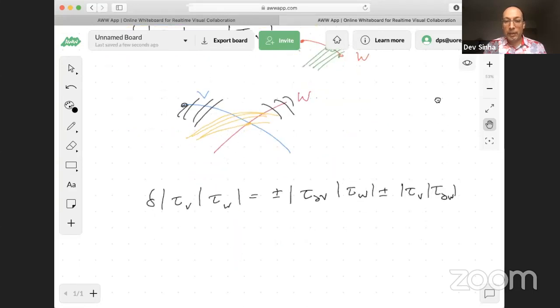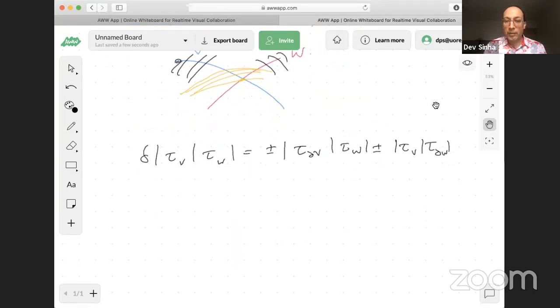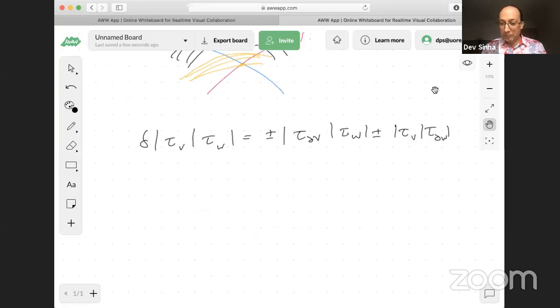But if I'm in their intersection of V and W, then that ordering could change. Well, first it's sort of a double point, and then as I go through the family, the ordering could change. And so you get a term like that, again, assuming some transversality.